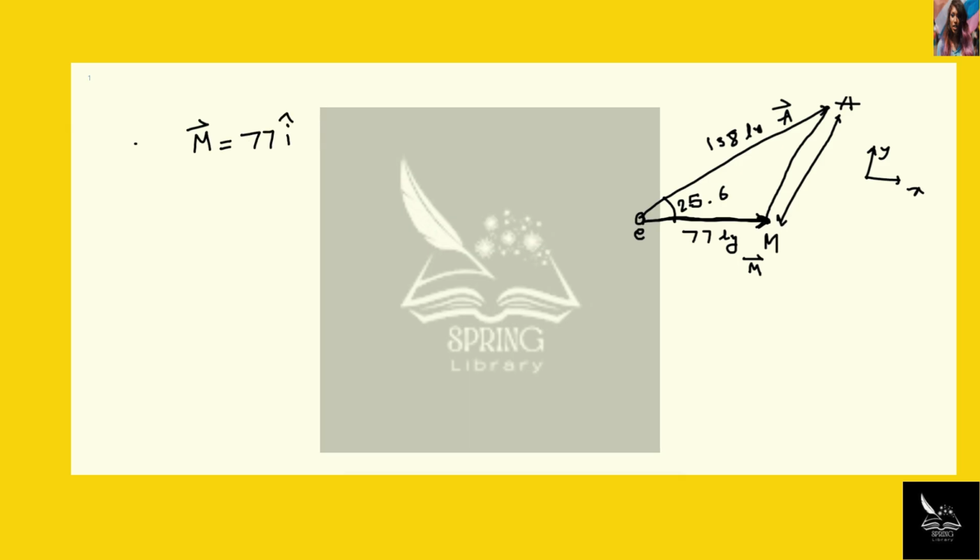Of course, the units are in light years. Now, the Alkaid vector would be 138 cos 25.6 i cap plus 138 sin 25.6 j cap, because the angle here is 25.6 degrees.